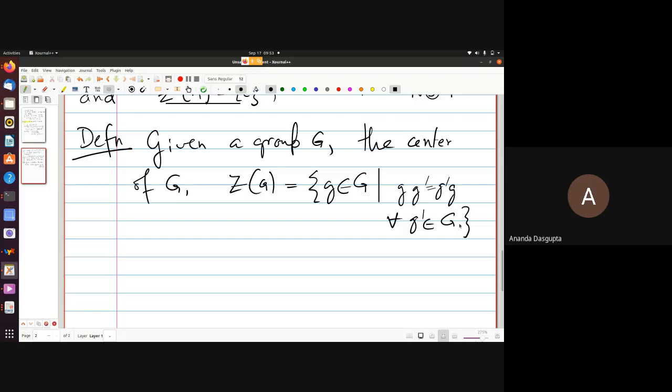Of course, before we go any further, since you may not have seen this group before, you should prove that Z(G) is a subgroup. So I'm taking a break from proving the theorem right now. I'm just going back and filling in the blanks here. Z(G) is a subgroup. How do you prove that?